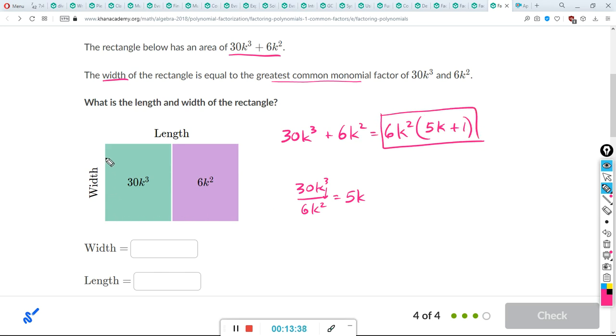Remember, we said the width, this one here, is the monomial term. So this part right here is going to be the width. And we said the length is the part in parentheses that you're adding. So this stuff in parentheses is going to be the length.